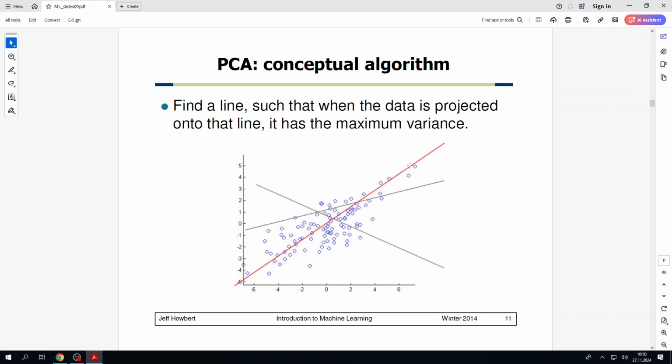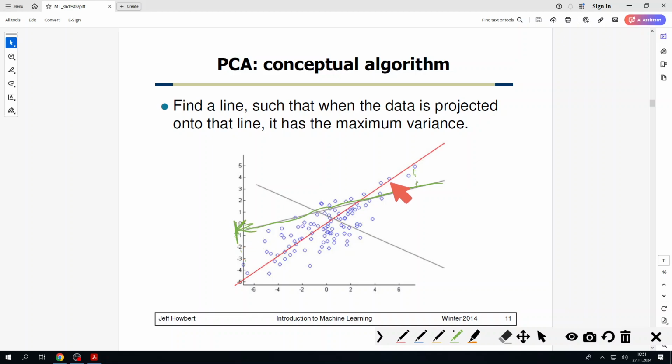So here you can see 3 examples of 3 lines. Let's try to see what is the variance for each of them. For this, let me mark it with a green color. For this line, the variance of the data is from this point all the way up to this point.